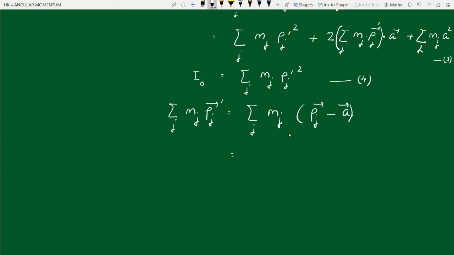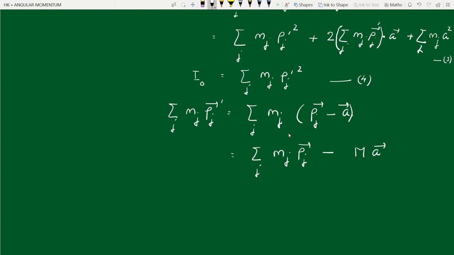I will write this as summation over j mj rho j minus summation over j mj into vector a. But vector a is a constant vector, so it's basically summation over j mj. What is summation over j mj? Total mass of the body. So m into a. That's this term.